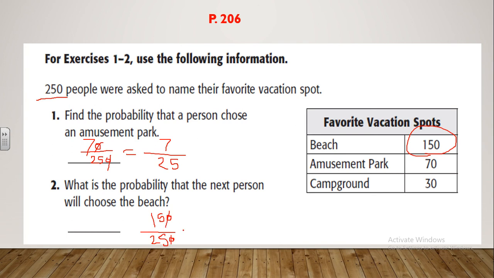Can we make it more simple? Yeah, we can. By making it what? Come on. Yeah, excellent. By dividing by 5. 15 divided by 5 equals 3 and 25 divided by 5 equals 5. Super. That's great. Let's see the next one.